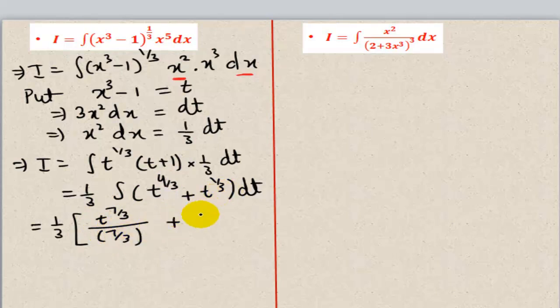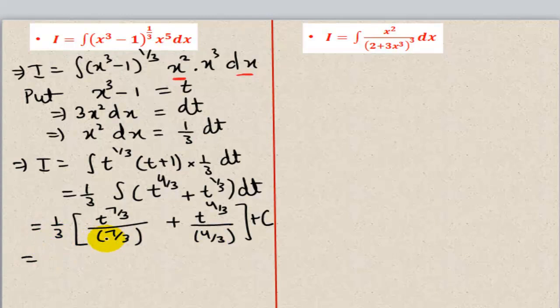Now applying the same result over here also, in the integral the exponent of t will be 1 by 3 plus 1, that makes it 4 by 3, and the term is divided by 4 by 3, plus constant of integration. So writing it properly and replacing t by x, you can see the 3 in the denominators can be cancelled out with this 1 by 3.